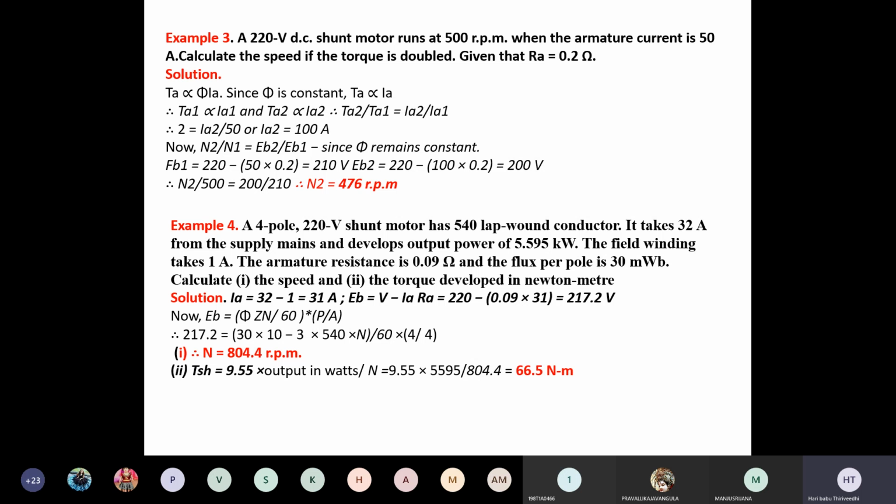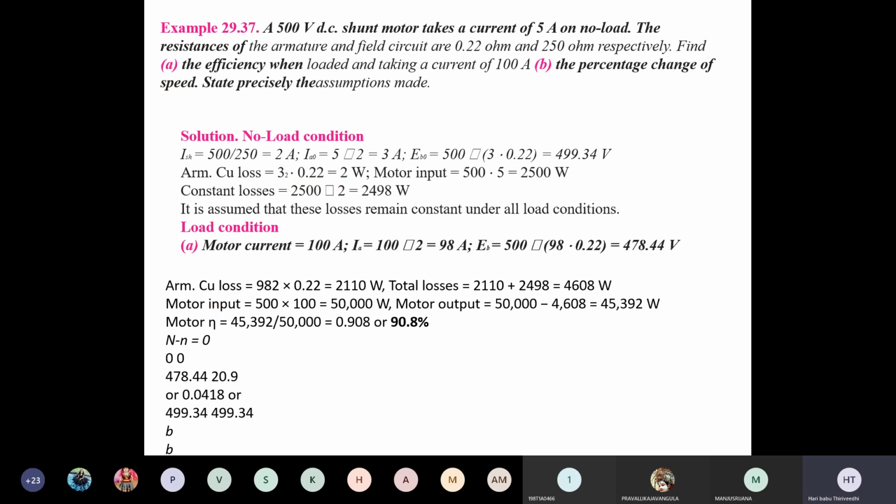Shaft torque is equal to 9.55 into output by speed, that is 9.55 into 5.595 kilowatt divided by speed 804.4. Now we get shaft torque is equal to 66.5 Newton meter. In this manner, we have to determine torque values and speed values also, right?